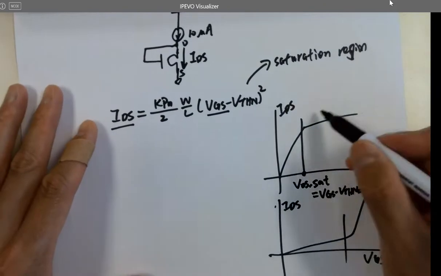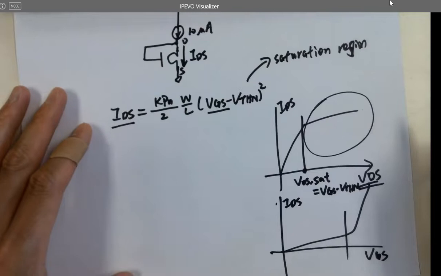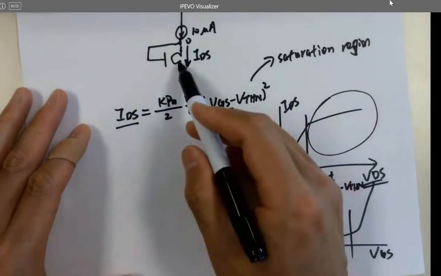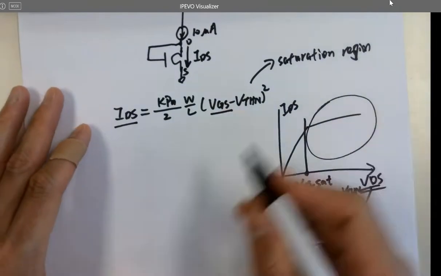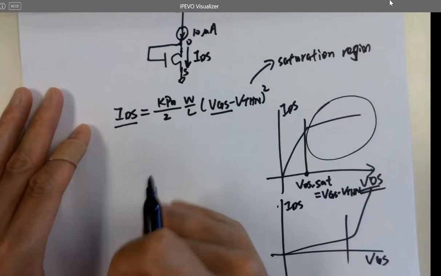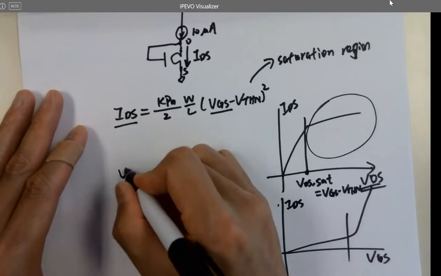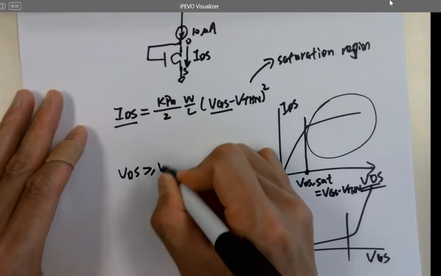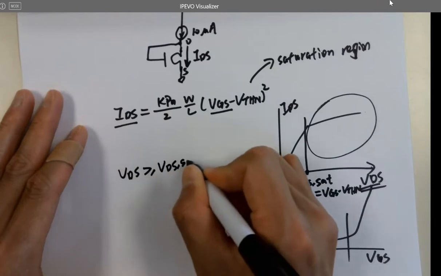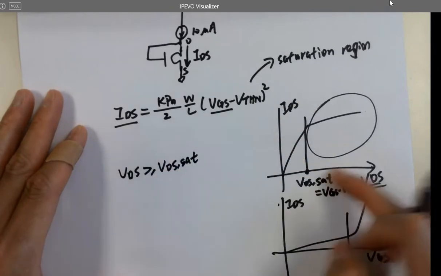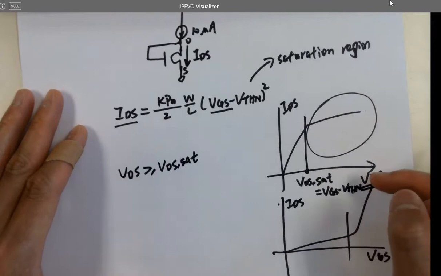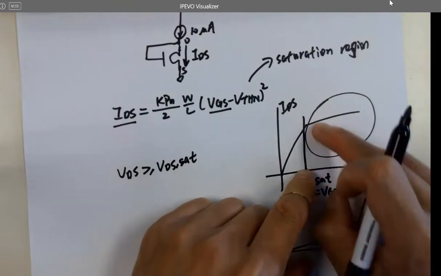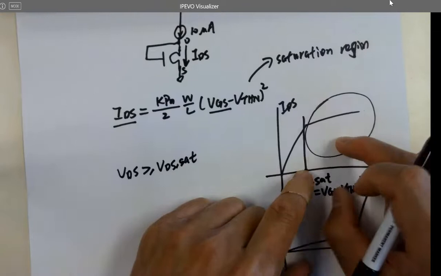And here is the saturation region. In order to operate the NMOS in the saturation region, you need to have a VDS larger than what? Just look at this curve. VDS needs to be larger than that in order to get into the saturation region, right?